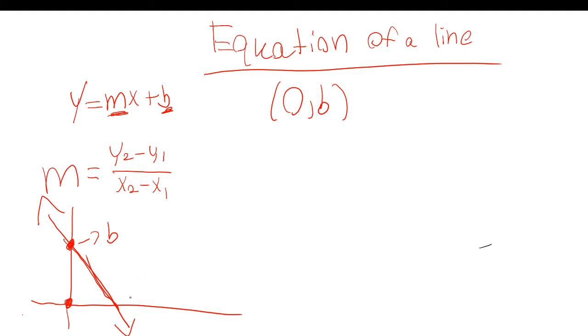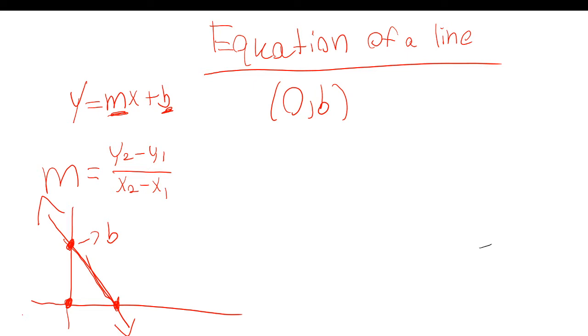Similarly, the x-intercept is where this line cuts the x-axis. There's no special variable for that, and there's no special place in the equation of a line. So you're just going to have to find the slope and the y-intercept, then find a point on the line, set y equal to 0, and solve. That's the only thing you can really do.